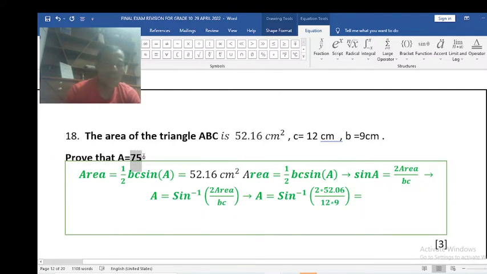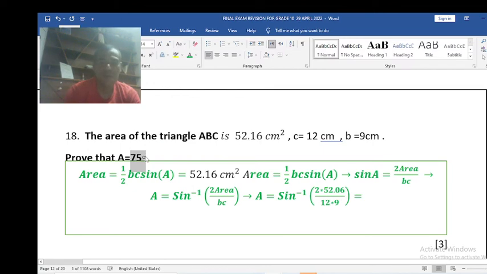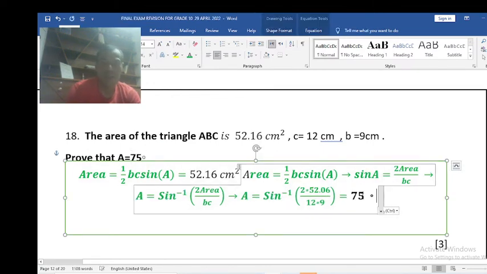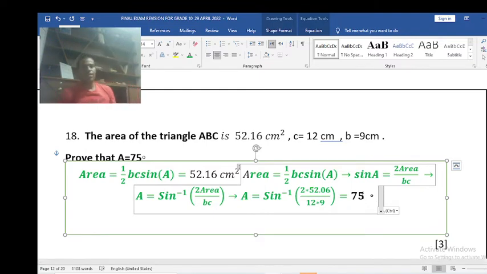Clear? Now I prove this one. So you should write your formula first, then make A the subject, then just substitution at the end. Okay? The next.